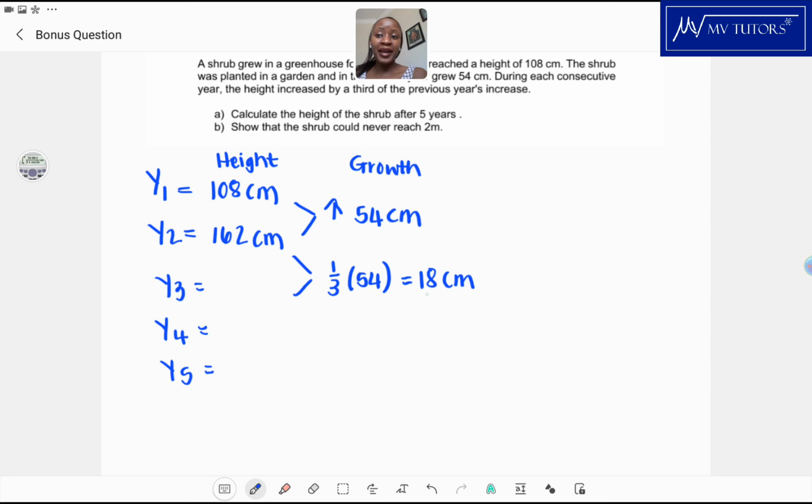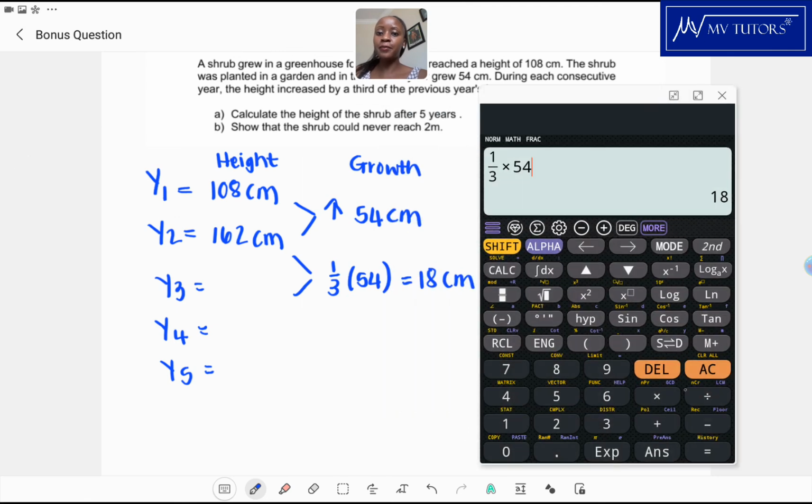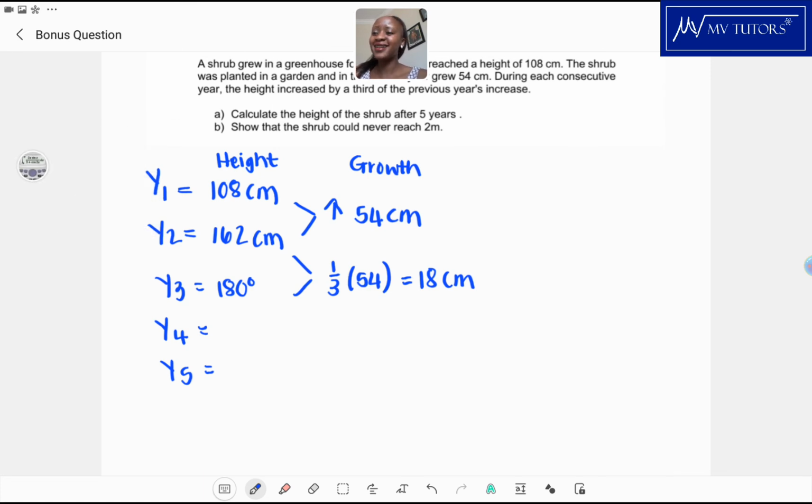Here it grew by 18 centimeters, so I need to add 18 to that 162, and I get 180. Oh, why am I writing degrees? I'm thinking 180 degrees. My goodness. Okay, so it reached 180 centimeters.